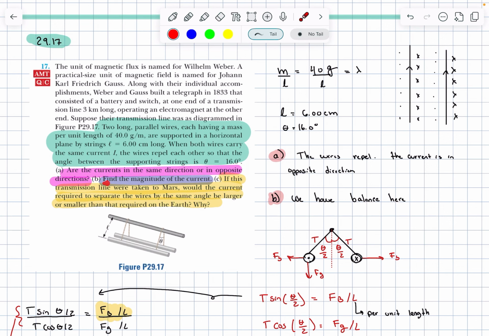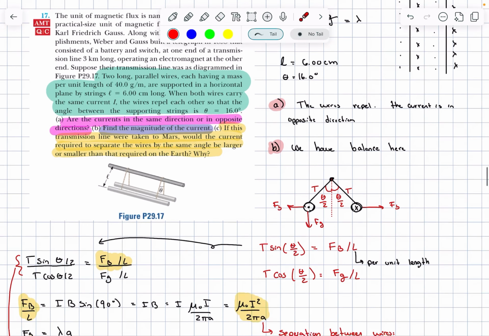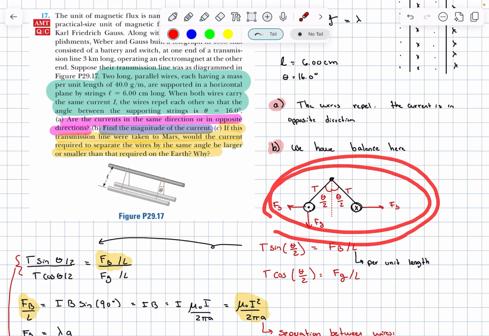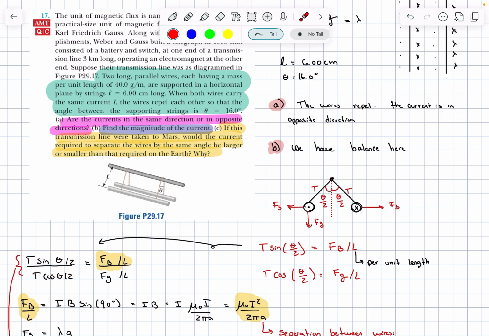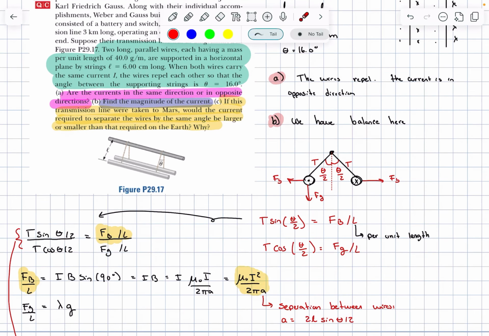Part B then says to find the magnitude of the current. To do this, we essentially have to look at all of these different forces that are acting in the system and balance everything out. So here, along the x-axis, we have two things. We have the x component of the tension, and then we also have the magnetic force. The idea is that this current-carrying wire is creating a magnetic field.